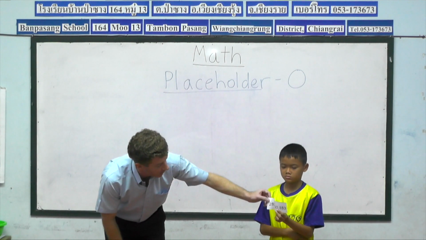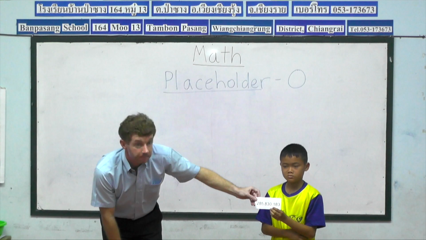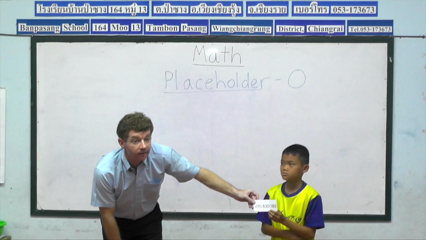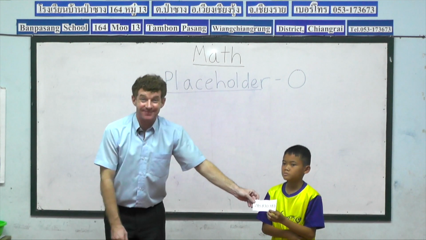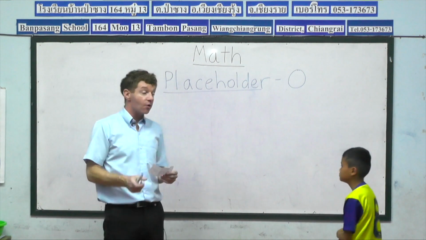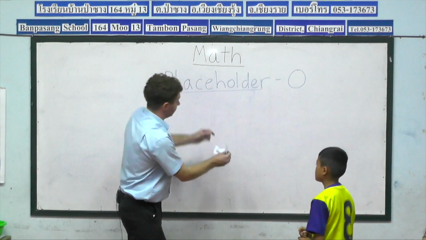So what number can we see, guys? 285,830,183. Perfect. Very well read. So what we're going to ask Chu to do first of all is to write this number on the board. So Chu, I'll hold it here for you.